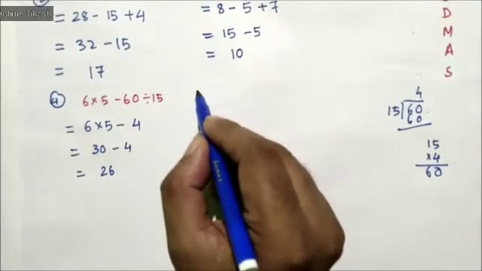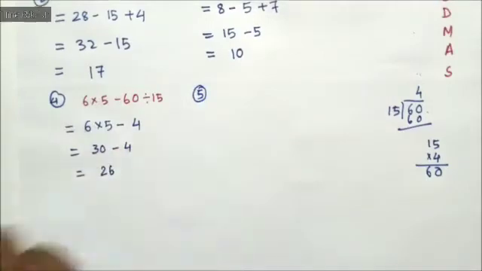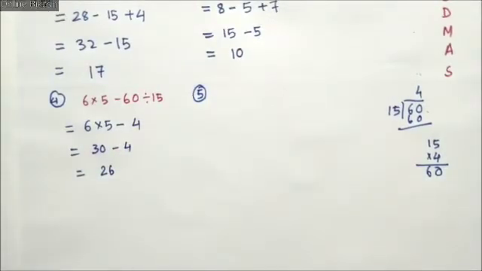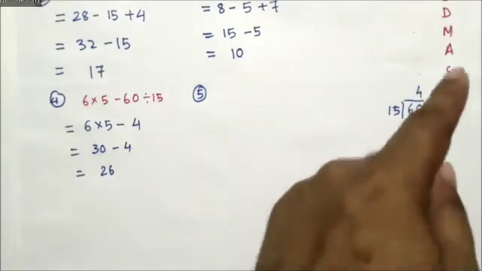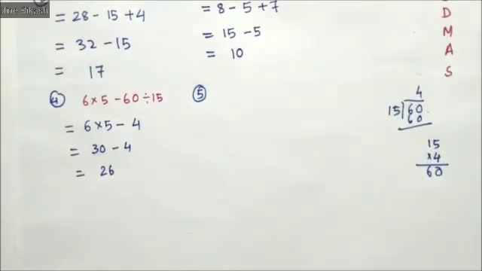Now let us take another question. In this chapter, the chapter of simplification, we use the BODMAS rule. The basic thing in this chapter is to learn the BODMAS rule, and after having understood the rule, you just need to perform different kinds of questions.